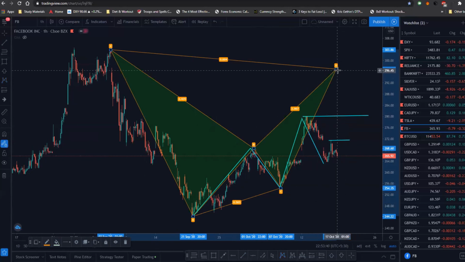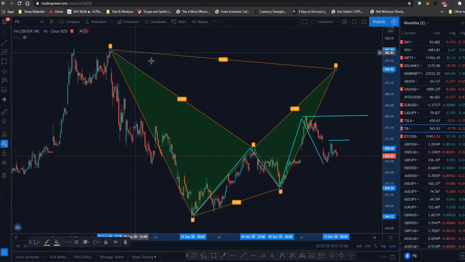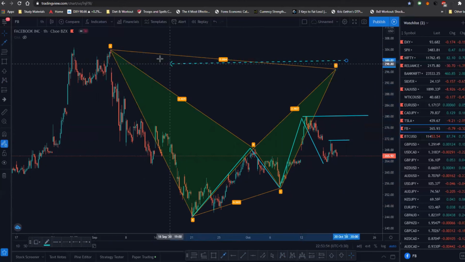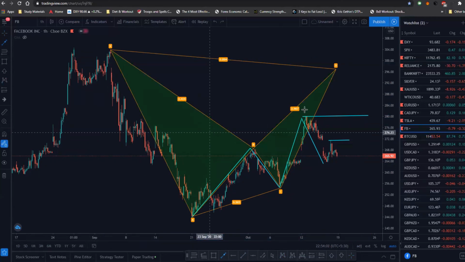There are good chances that it can go and test the 300 level as well, because that's the even handle number. And that's good enough because, again, look left on the 300. Oh, why it didn't go? Yeah. Look left. Structurally it is close. So that's a good level to target if we have a break and close above this structure as well.